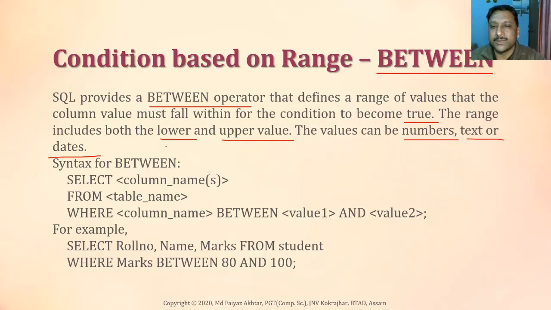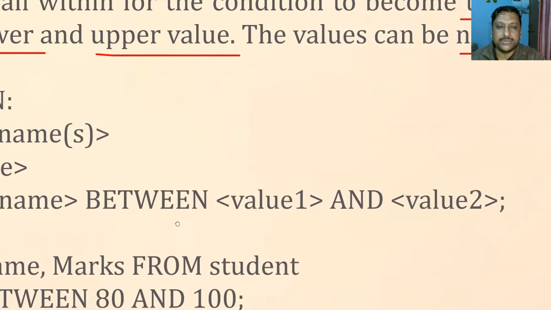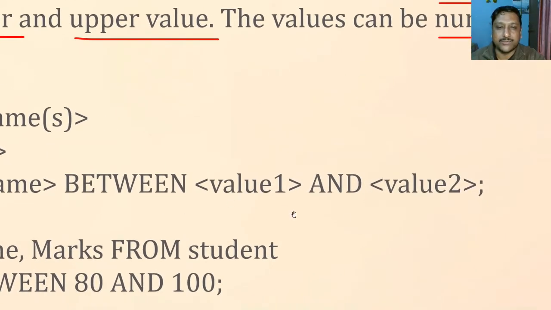Okay, see the syntax for the between operator. Select column name, then from table, and where condition where column name, and between, then 2 values we have to give, value 1 and the operator and is used here, and the value 2.